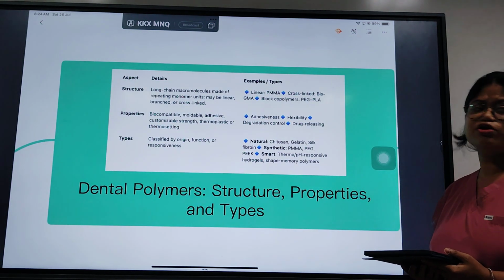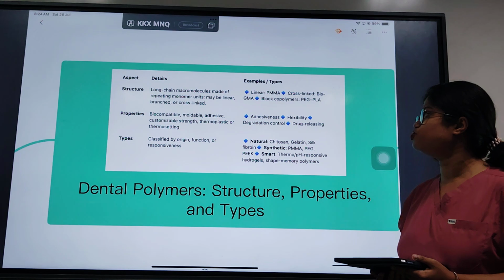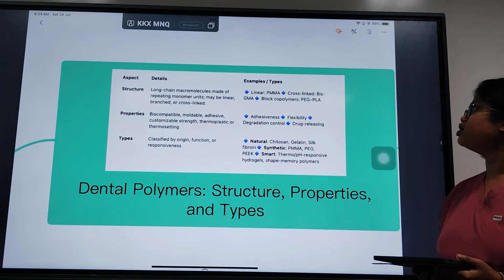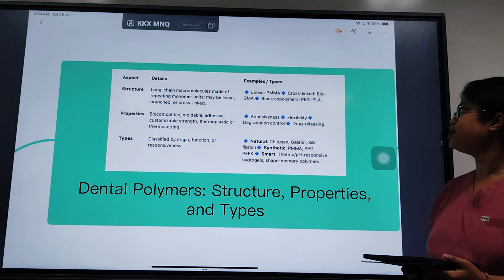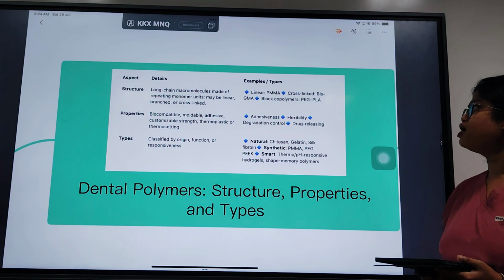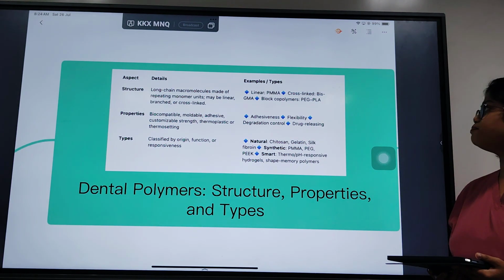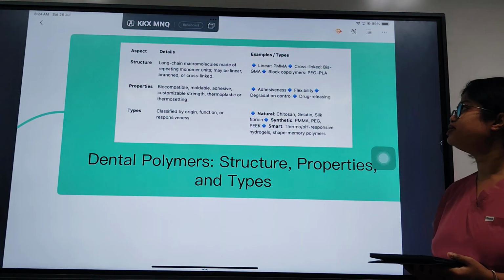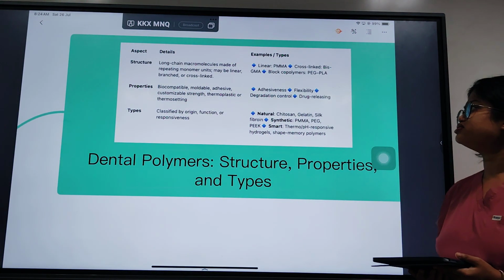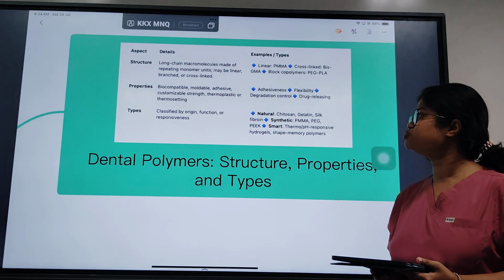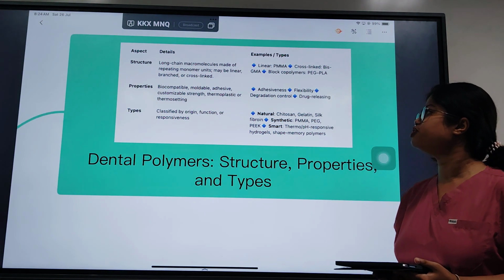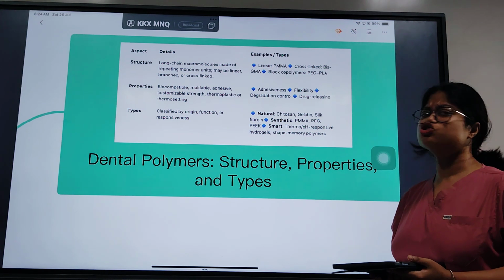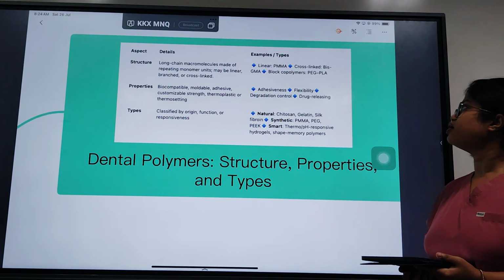Coming to dental polymer structures, properties and types, the structure is long chain macromolecules made of repeating monomer units. As I told you previously, polymers may be linear, branched or cross-linked. Linear examples are PMMA, cross-linked are BIS-GMA, and block polymers include PET and PLA. Properties: they are biocompatible, moldable, adhesive, and can be customized for strength. They can be thermoplastic or thermosetting in nature.